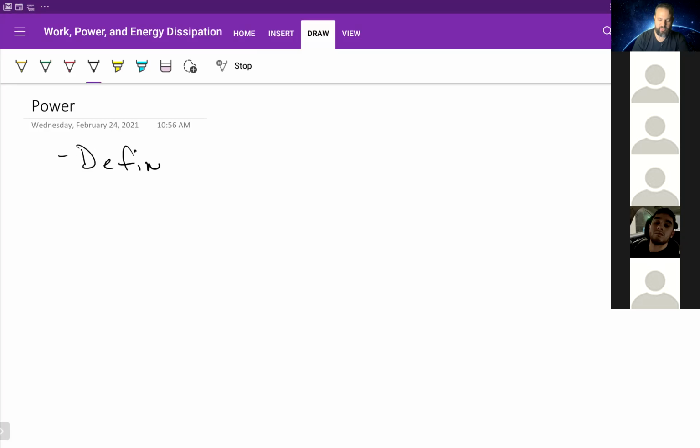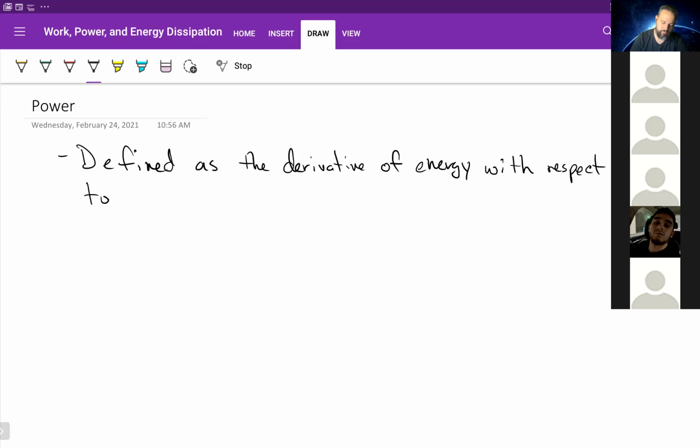Power is defined as the derivative of energy with respect to time. Okay, so a capital P is power, equal to the derivative of energy with respect to time.